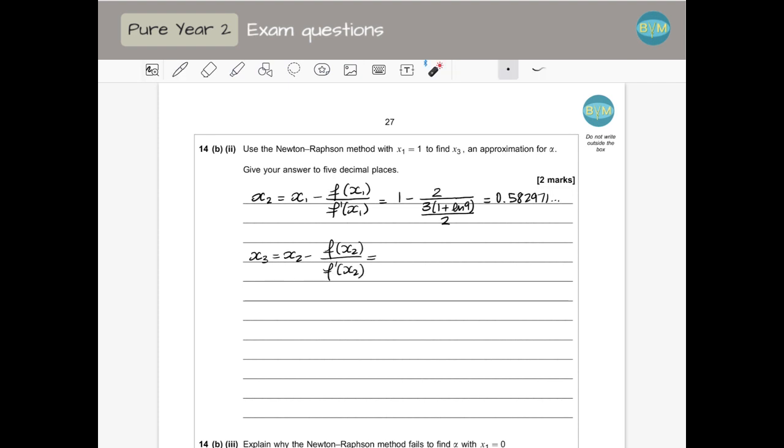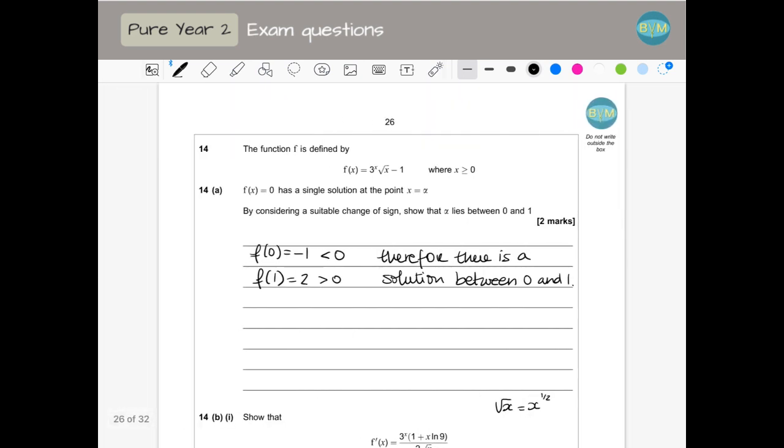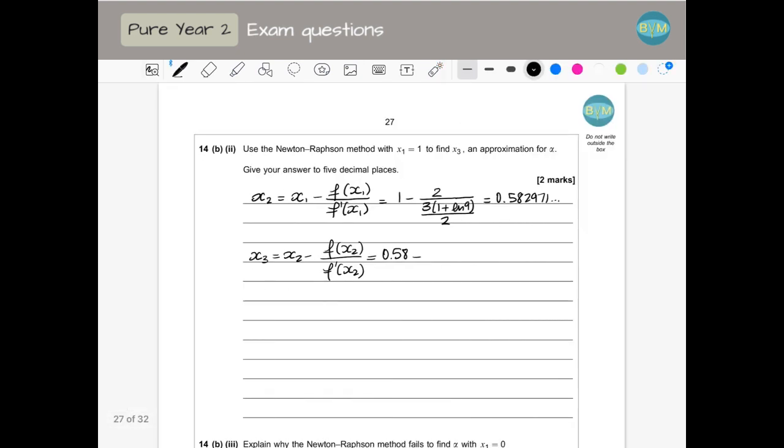I'm going to write just 0.58, but what you have to do is bring your memory out. If you put this in memory A, for example, you're going to use A all the time. So x2 is going to be your value in the memory minus f(x2).